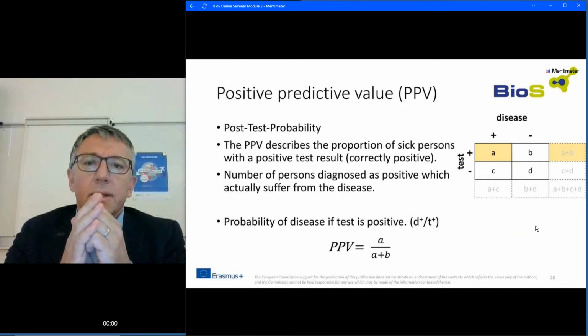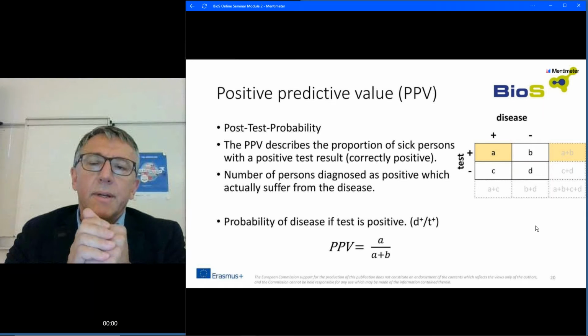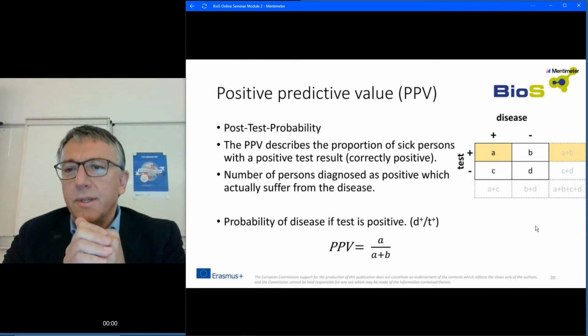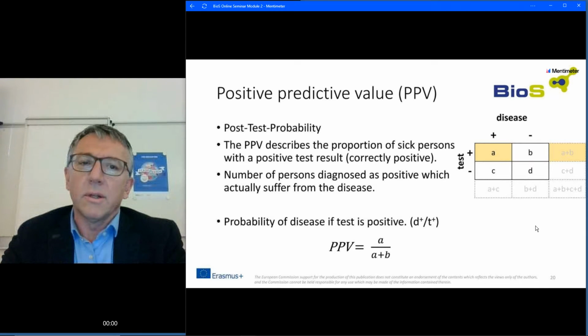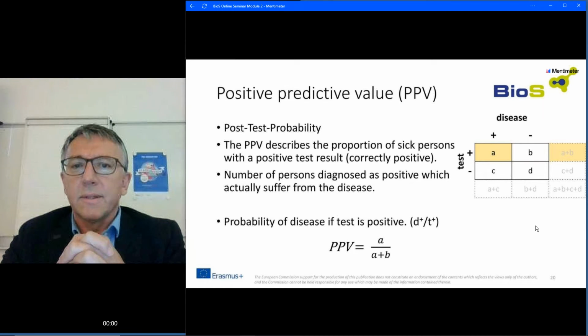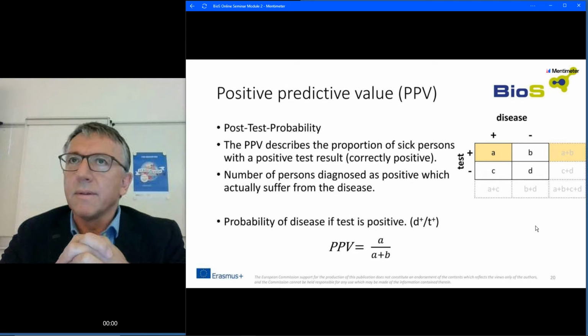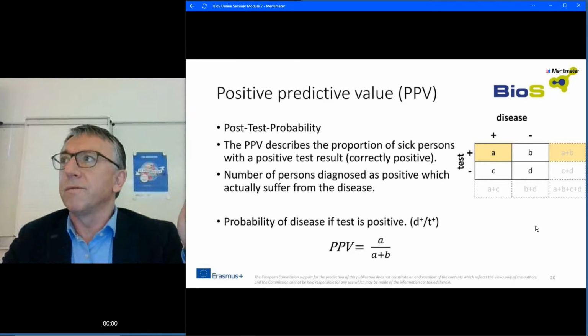But this is not typically the information you are interested in, because you don't know if you have the disease when you go to a doctor and have your test. What you would like to know is the probability of the disease after the test is positive.